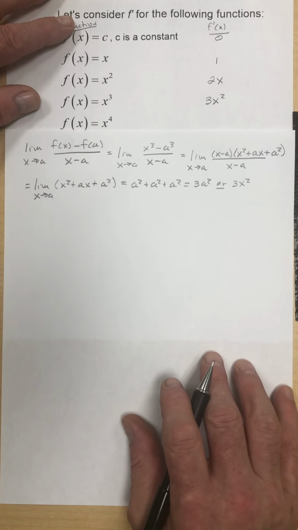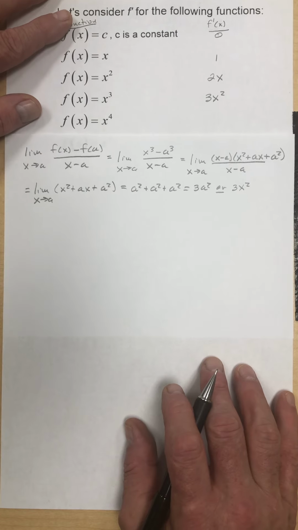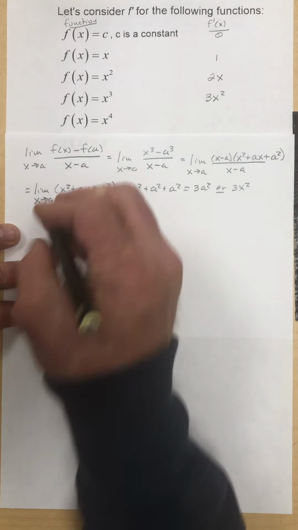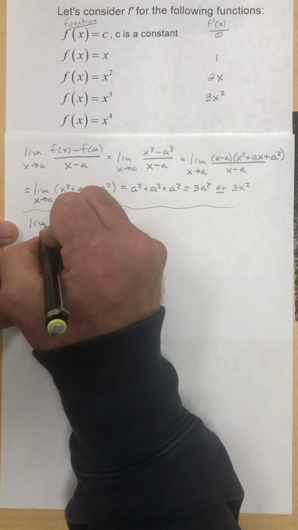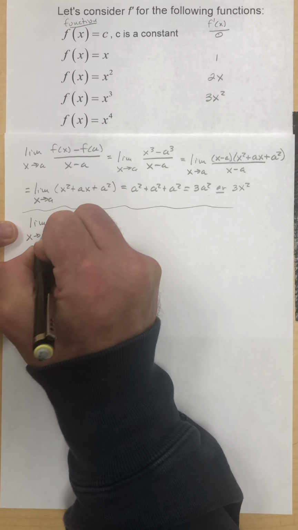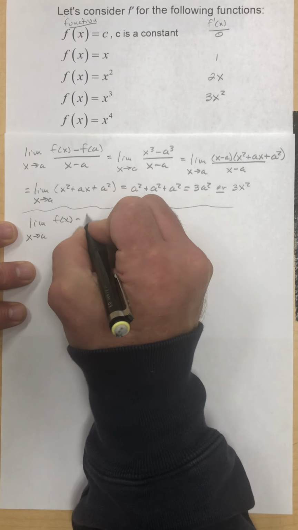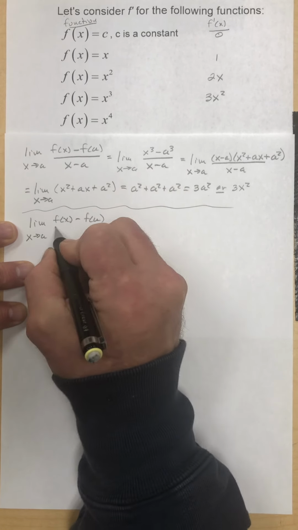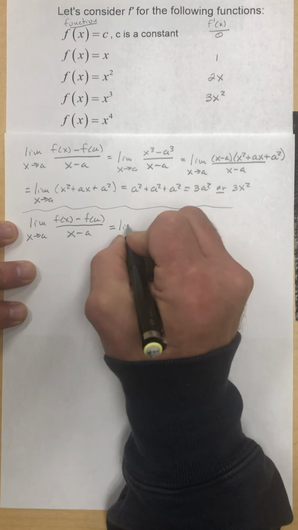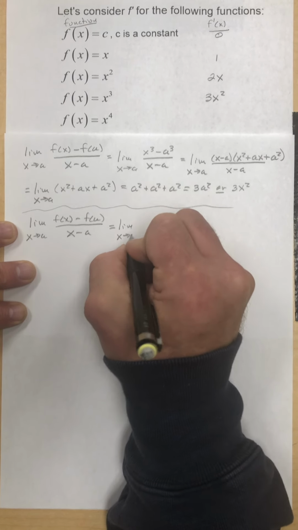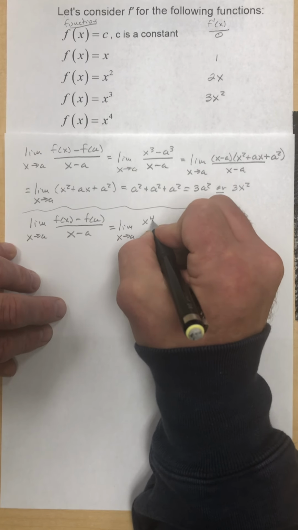Let's move that guy up. All right, now we got to do f of x equals x to the fourth. So I have the limit as x approaches a of f of x minus f of a all over x minus a. Okay, so I substitute in f of x is just x to the fourth.